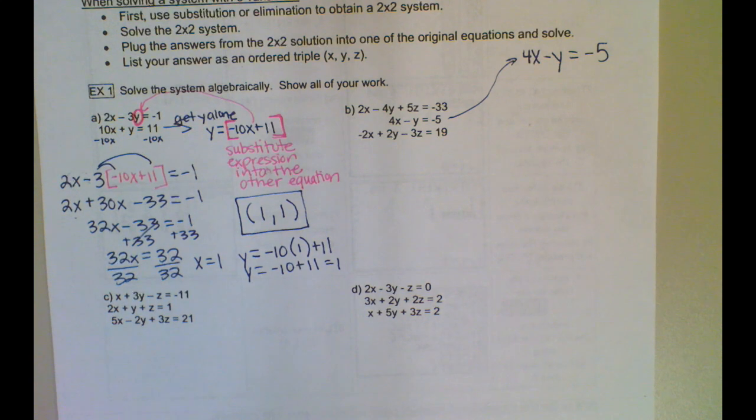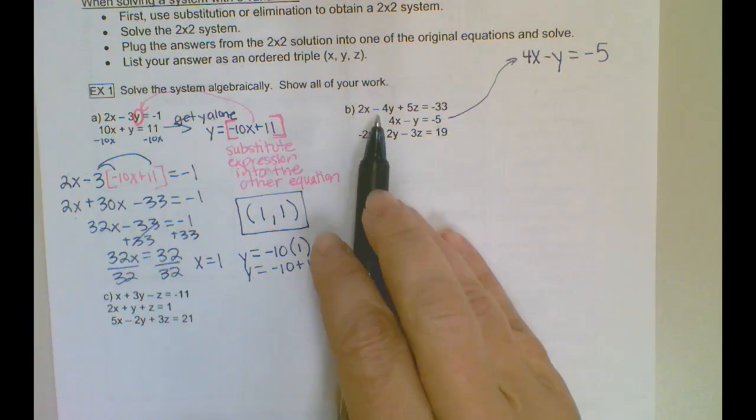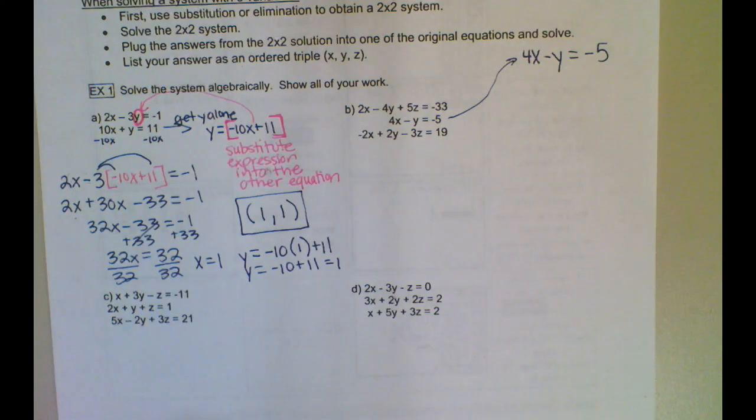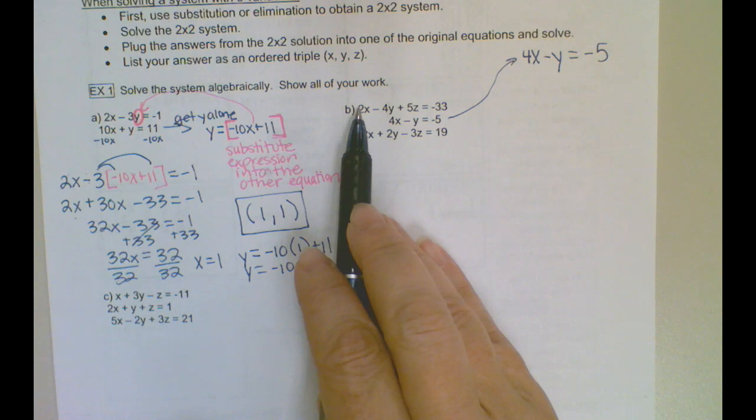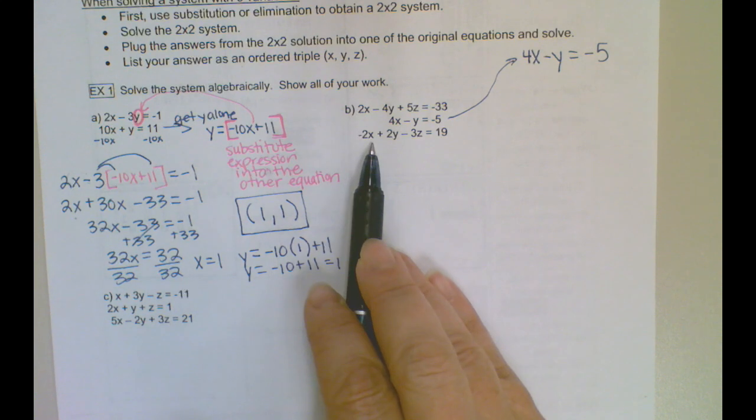Now what I need to do, and if you have all three variables in all three equations, you're going to have to do this twice. And I will model that in the next example that we do. But I am going to have to pick a pair of equations. Obviously, in this case, I'm going to pick equation 1 and equation 3 to eliminate that variable.